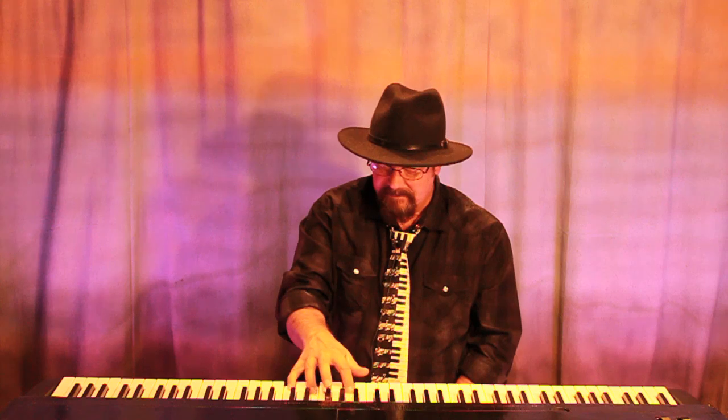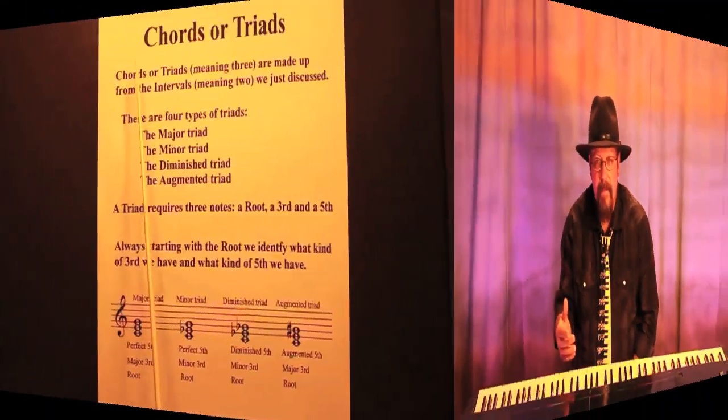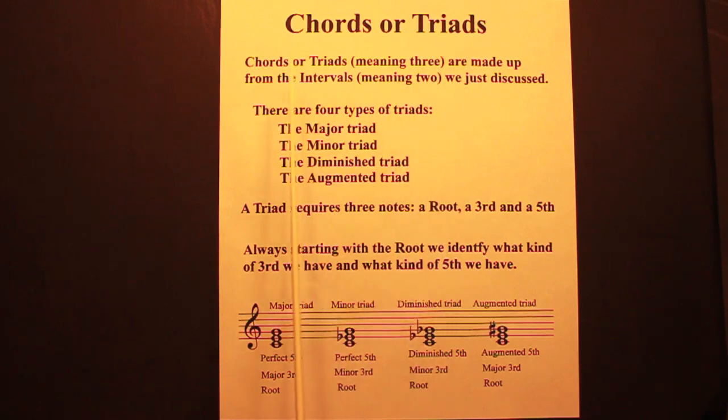Chords may also be classified by inversion, the order in which their notes are stacked. 3 notes, 3 ways in which to play the chord. Chords or triads, meaning 3, are made up from the intervals, meaning 2, we just discussed.